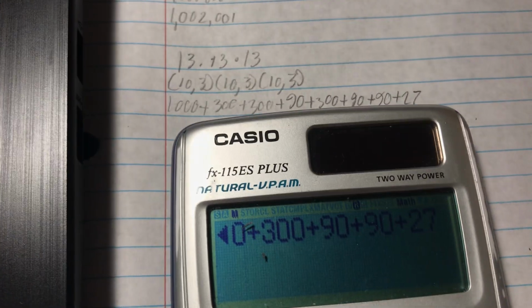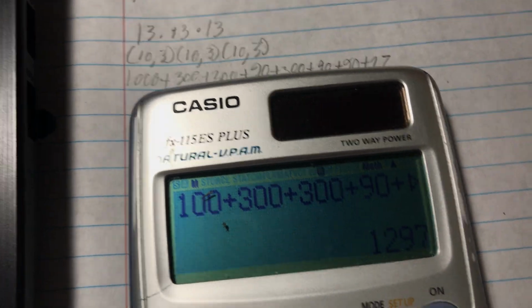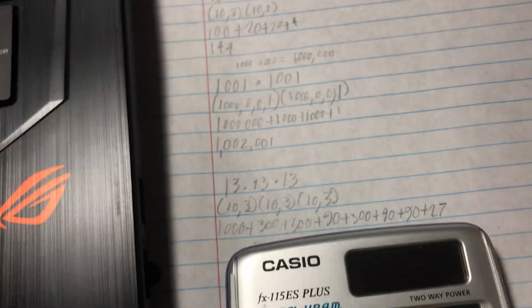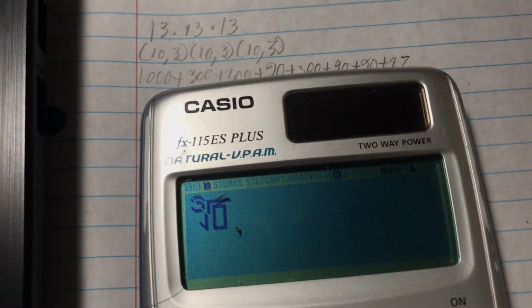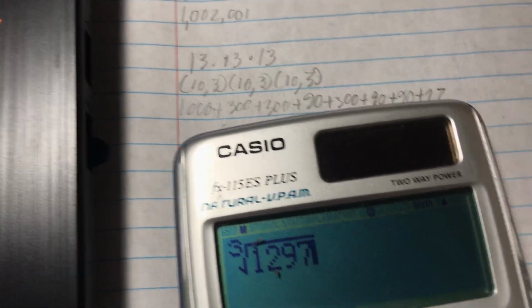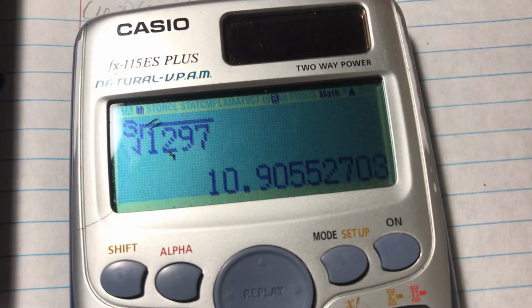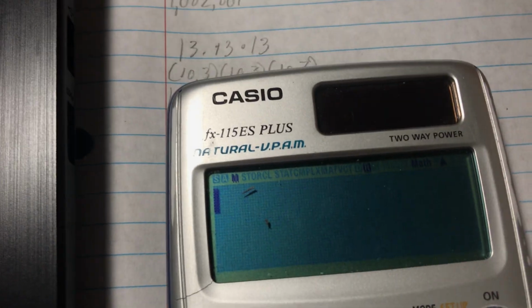Okay, now we got 1297. So what I'm gonna do now is a cube root of 1297, and we should get 13, if I added it correctly. I guess I didn't.